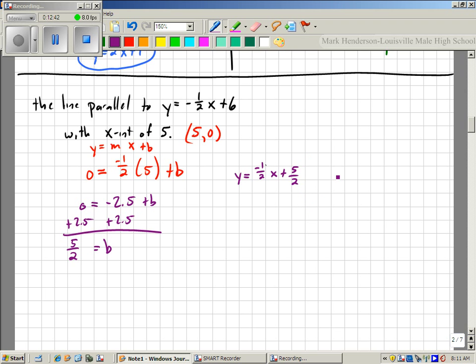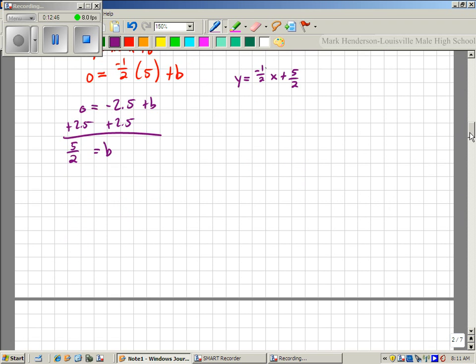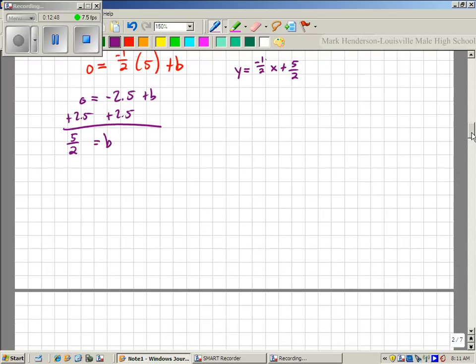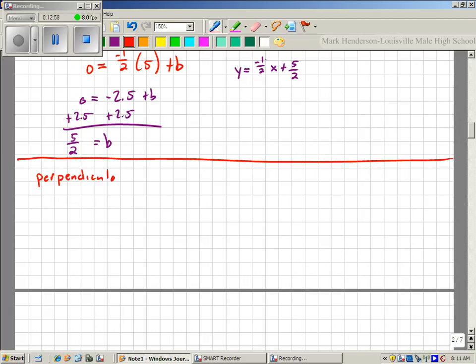So let me just show you a couple clarifications, and then we'll be done. So what if it's perpendicular instead? Say I have y equals 2/5x plus 6.